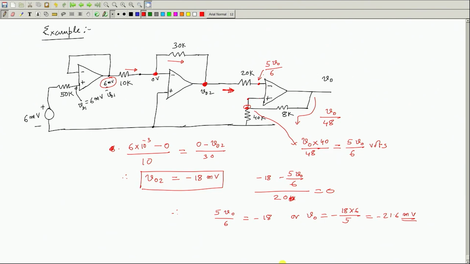Anyway, roughly this will be close to 18, slightly less than that, 18 into 6 by 5. So, this is the answer.